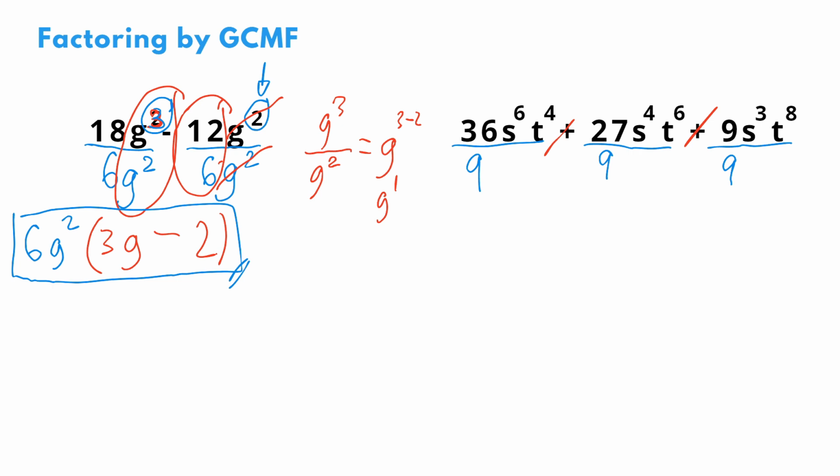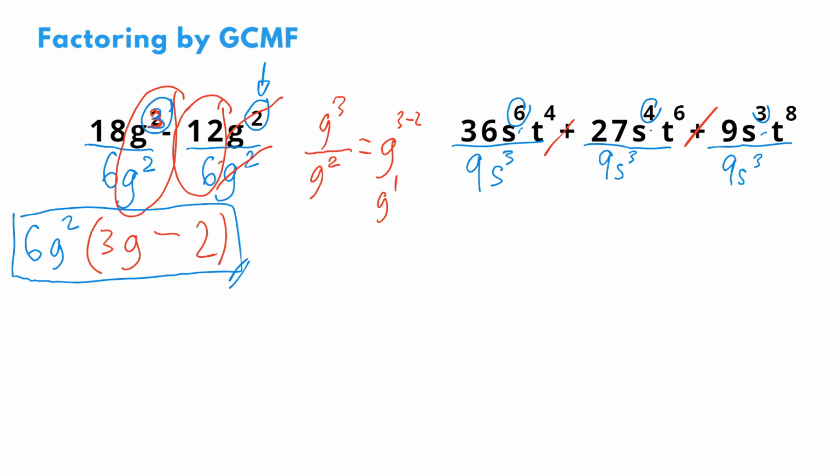We have s, because all of them have s. We have s raised to 6, s raised to 4, and s raised to 3. But the question is, which power do we use? Do we use 6, 4, or 3? Again, as I told you a while ago, we will just use the lowest power. In this case, it's s raised to 3.